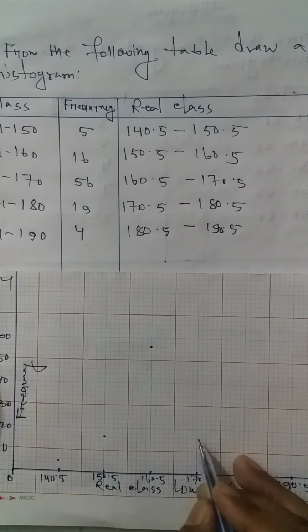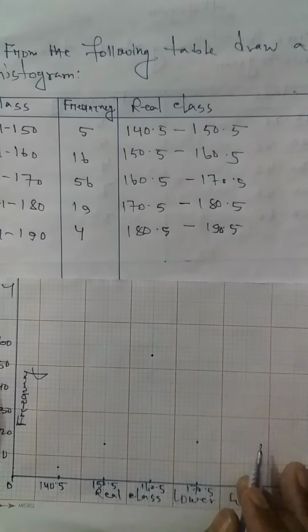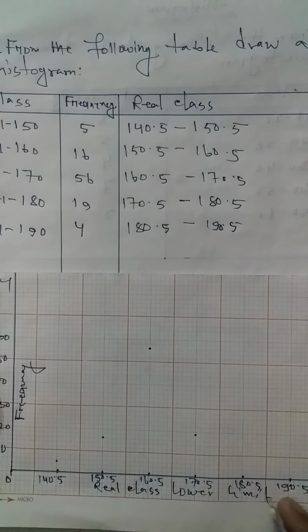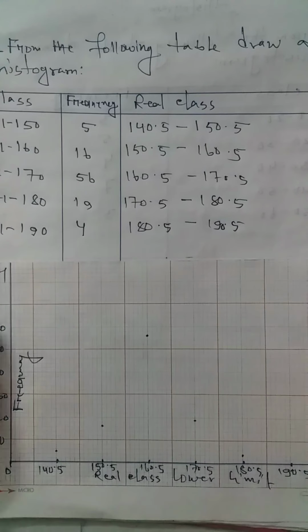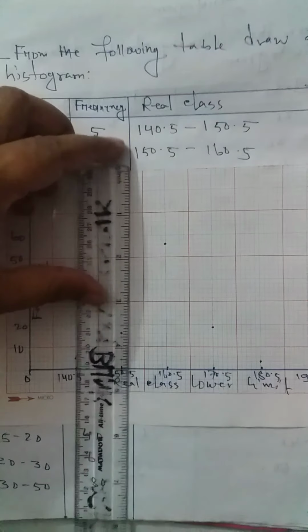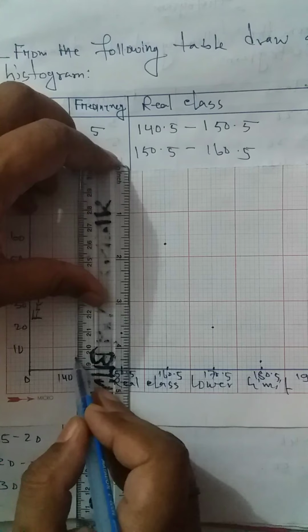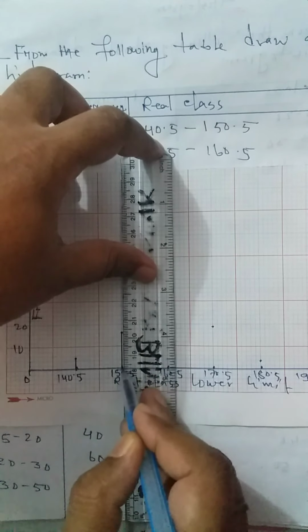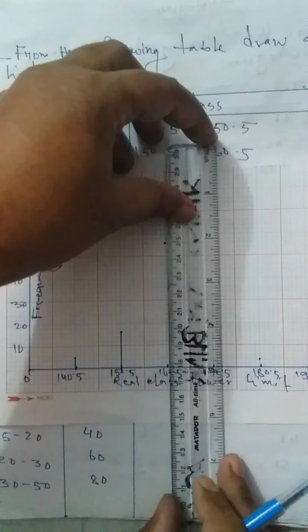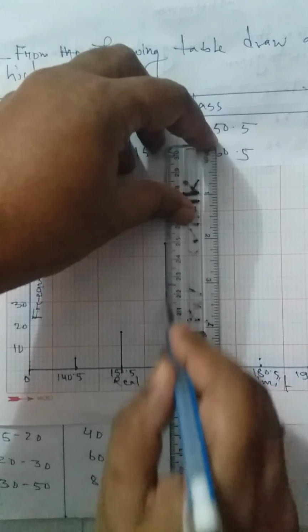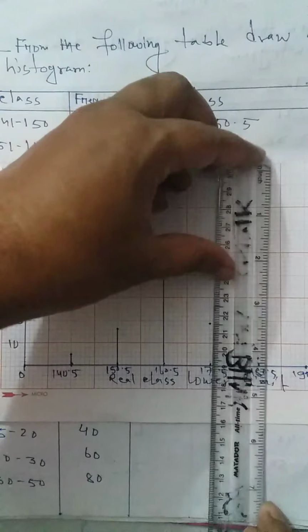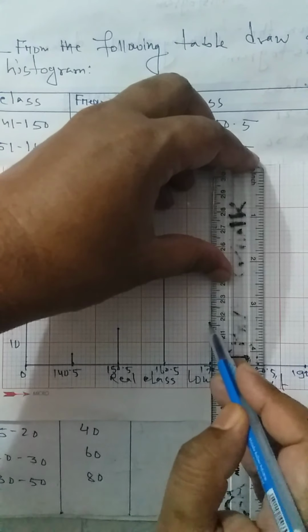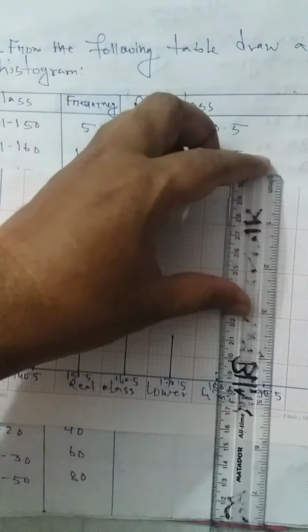Then 4, which is 2, 4. Now draw the straight lines. This is the shortcut way of drawing a histogram. Draw the histogram.